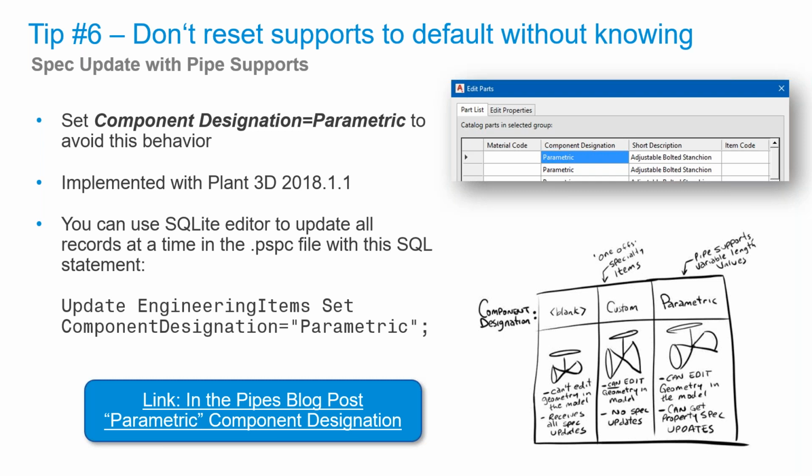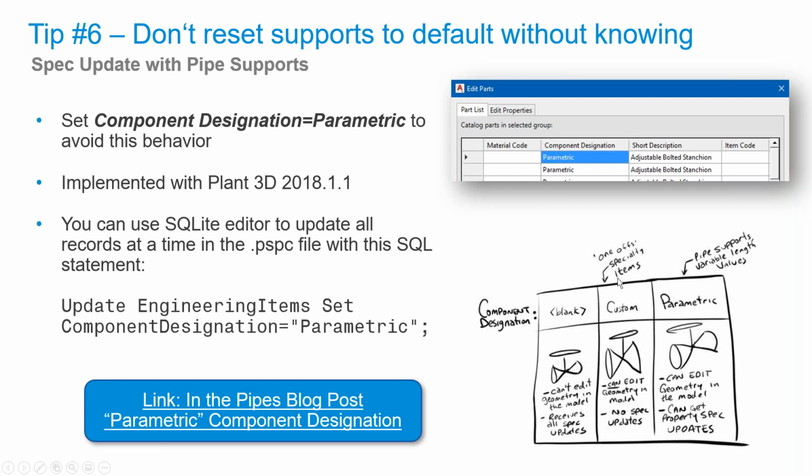Yeah, and there's a couple options here. By default it's blank, which means that you can't really edit the geometry in the model. For example, if you do that on a valve, nobody can modify that, and obviously you don't want somebody modifying a spec part like that. But if it is blank, then it receives all spec updates, so it just skips the component designation.